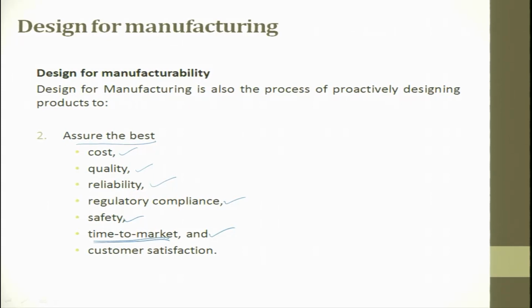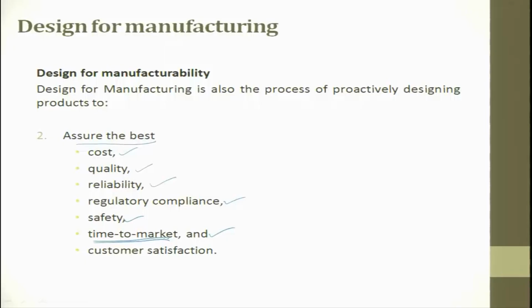What is the time it is going to take from understanding the customer voice to giving it to the customer as a finished product is called time to market. Okay. Then completely customer satisfaction. All these things are assured when we follow this design for manufacturability. Design for manufacturability is a process of proactively designing products to meet all these things.